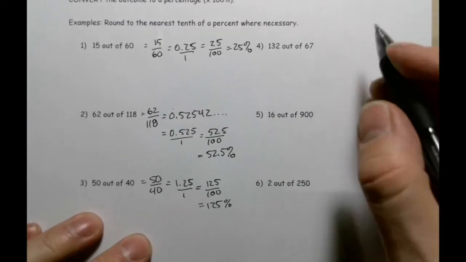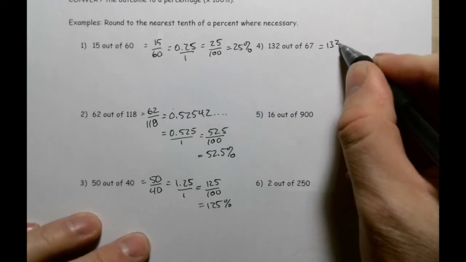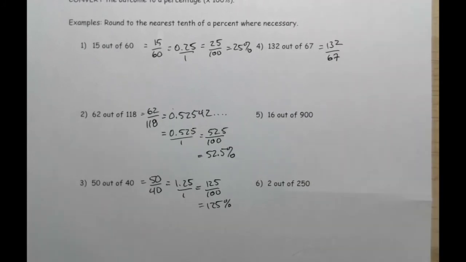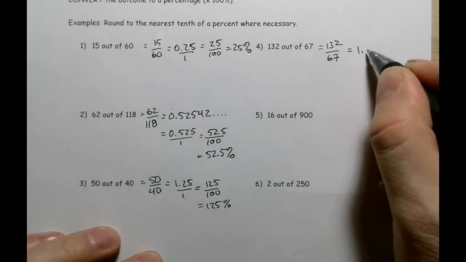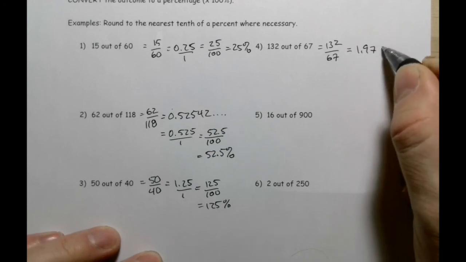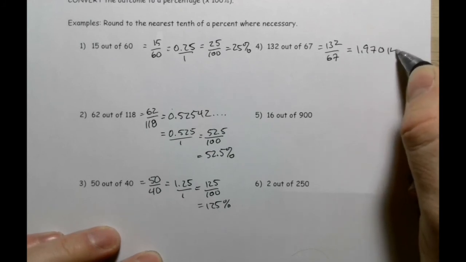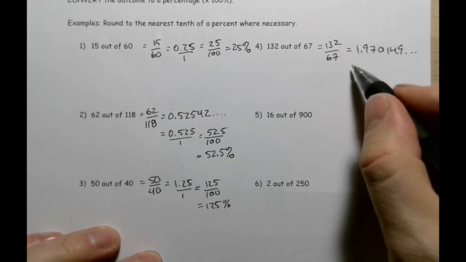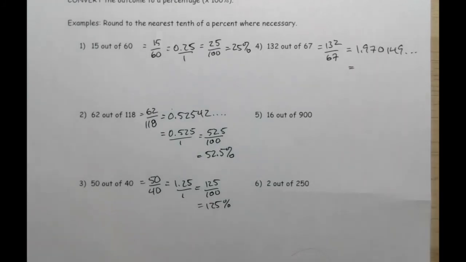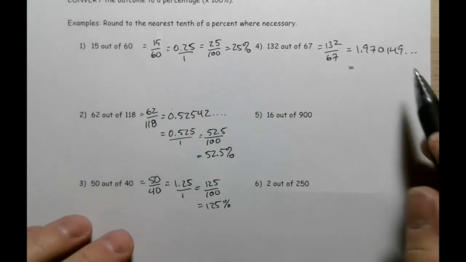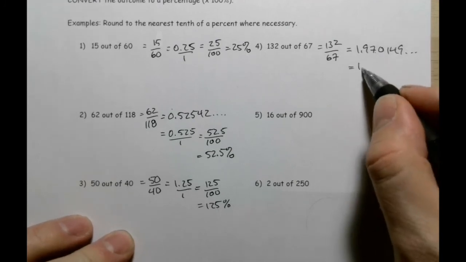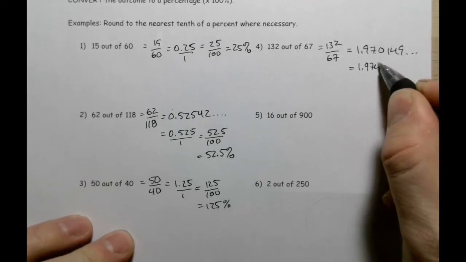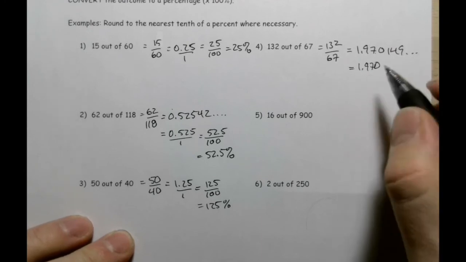132 out of 67. I'd be surprised if that works out to be a nice number. And it didn't. So this is going to be 1.970149. Keep going here. If I want this to the nearest tenth of a percent, remember, I'm going to move my decimal 2 over, so I kind of want all that. So it's going to be 1.970, approximately.